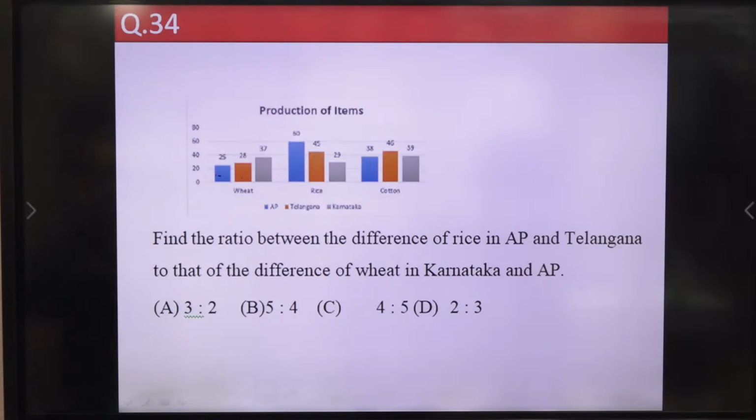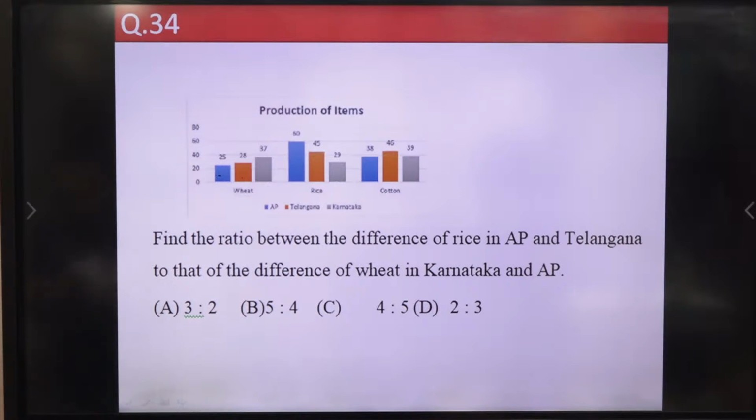So now find the ratio between the difference of rice in AP and Telangana to that of difference of wheat in Karnataka and AP. So what will be the answer here? Very simple question.